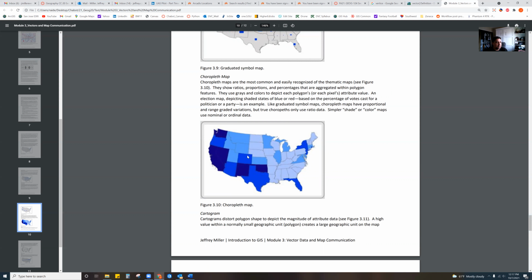But anyways, you see this commonly with elections, and it represents quite well, because we're focusing on specific areas, like in this instance the states, and what's going on in the states, and what part of the country, how much differentiation in the range are voting either Democrat or Republican, something like that, right? So this is choropleth.